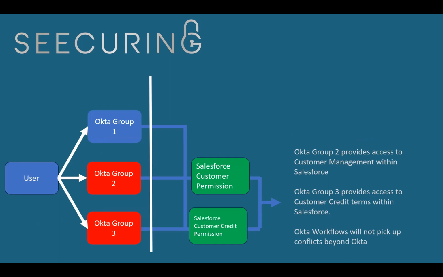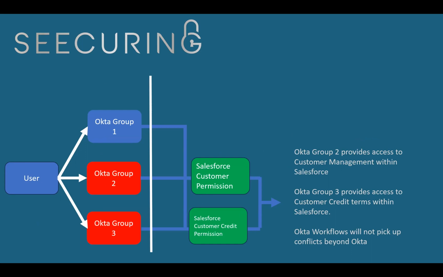The issue is that beyond these groups performing provisioning into the application, there are the permissions associated with the application. So in our previous example, we had a fairly simplistic model in that we're looking at segregating Okta groups.